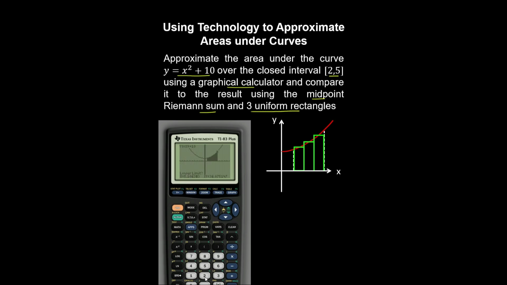And our lower limit would be 2, and the upper limit in the interval would be 5. So that gives us an area under the curve of 69, which is going to be very close to the exact result because the calculator uses a much better approximation.